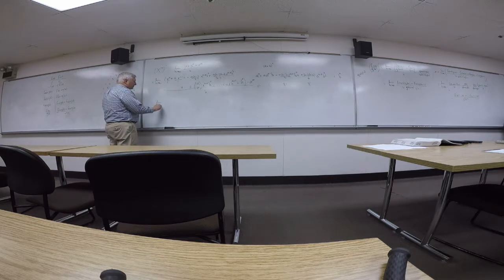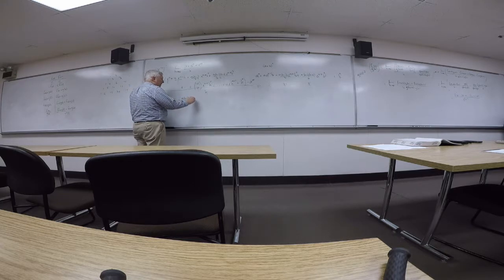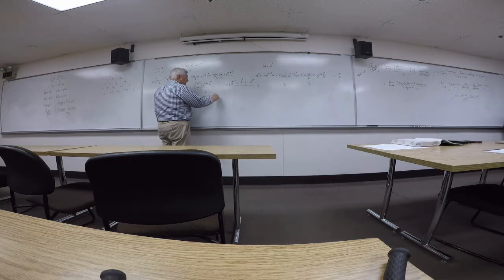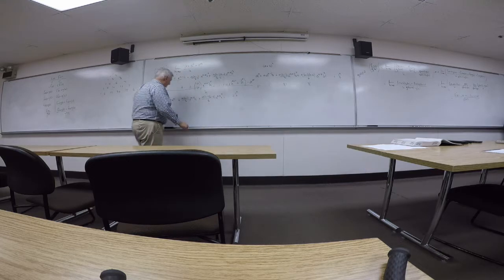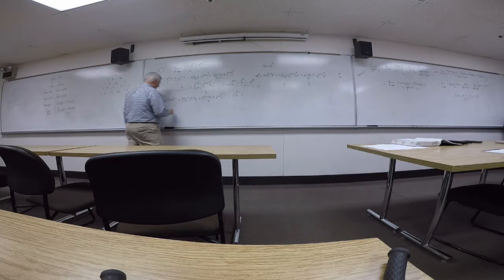Limit as h approaches 0 of h times n times x to the n minus 1 plus n times n minus 1 over 2 times x to the n minus 2 times h plus n times n minus 1 times n minus 2 over 6 times x to the n minus 3 h squared plus and so on plus h to the n minus 1 close, over h.